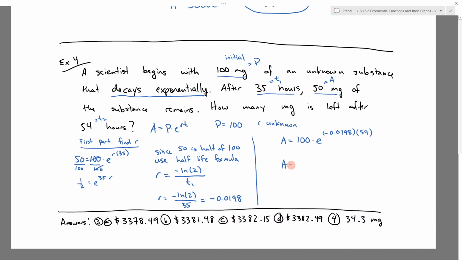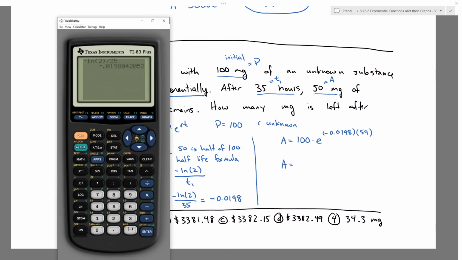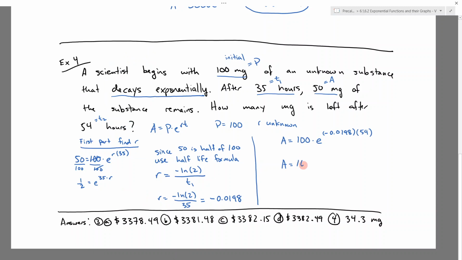Okay, so we have minus 0.0198 times 54, which is negative 1.0692. What was that again? Negative 1.0692.